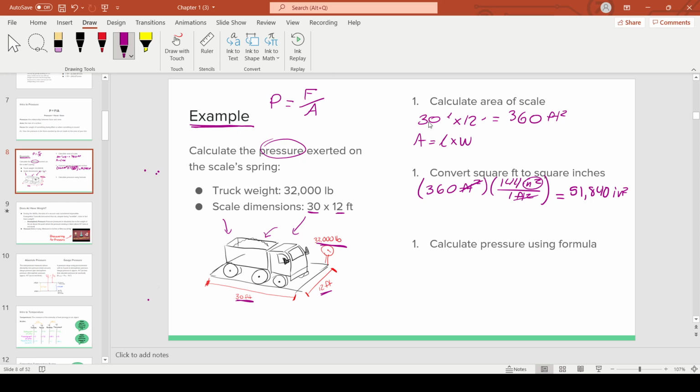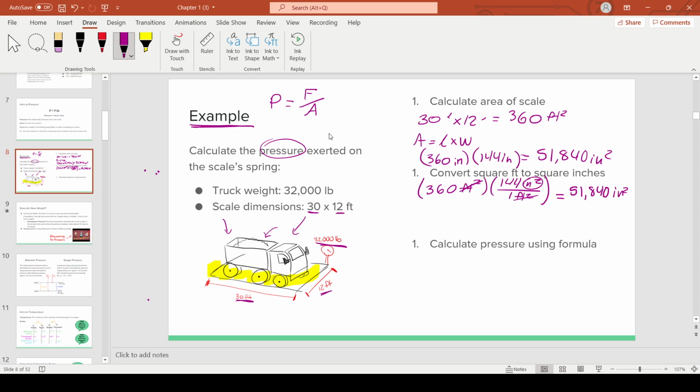Or you can convert it before you multiply, right? So 30 feet times 12 is 360 inches, and then if we multiply that by 12 times 12, 144, we just did that down here. 360 times 144 still comes out to 51,840 square inches, which is the area of this scale.